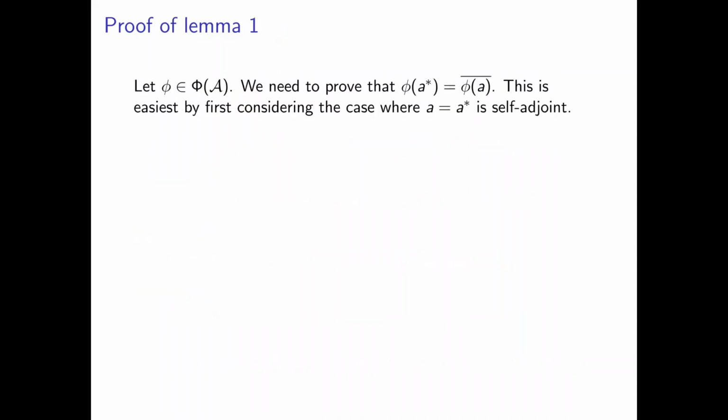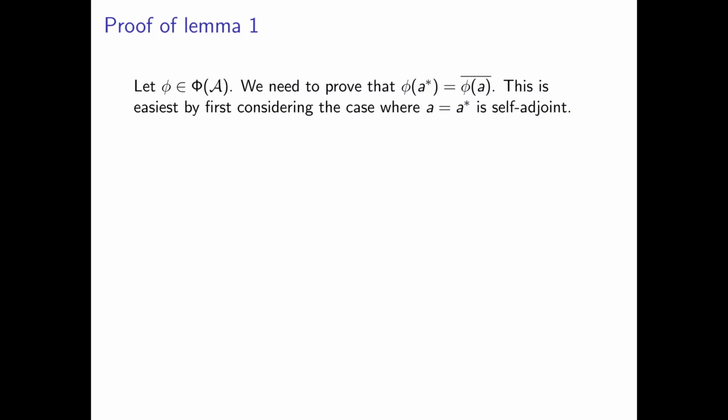Lemma 1, which is to prove that the Gelfand transform is a star homomorphism, is actually the most technically involved one, I think, of these three, or at least it is the longest one by far.